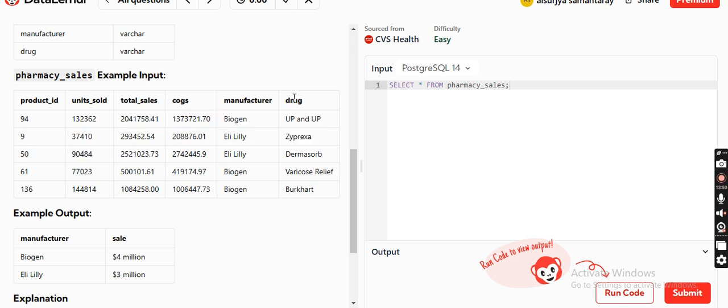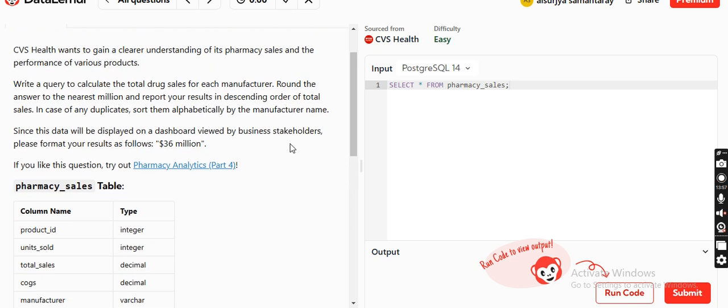So these sales are for the drugs only, right? So we can just rename it as total drug sale. Simple. Let's do that first, then we will come back again.